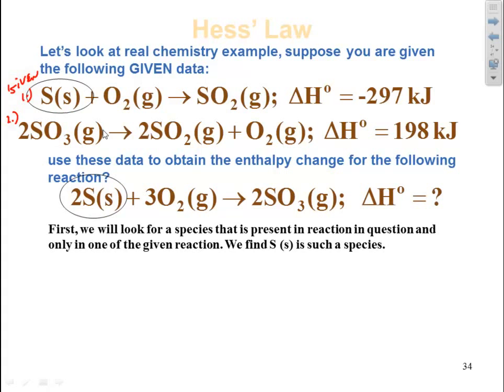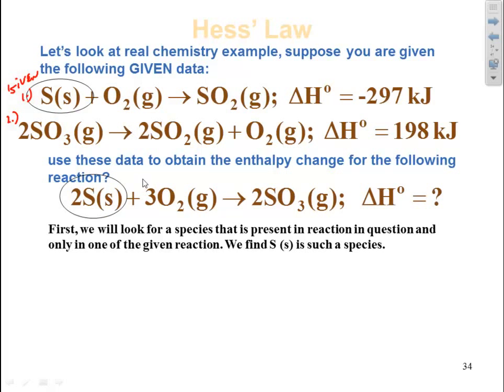Sulfur solid. We can see that's only in the first equation. So we look at that, and next we ask ourselves 2 questions. One, is it on the correct side? And after that, how many moles do I have? So the first question, is sulfur solid on the correct side? Yes, I need it on the reactant side, and it's on the reactant side, so I'm not going to flip it.